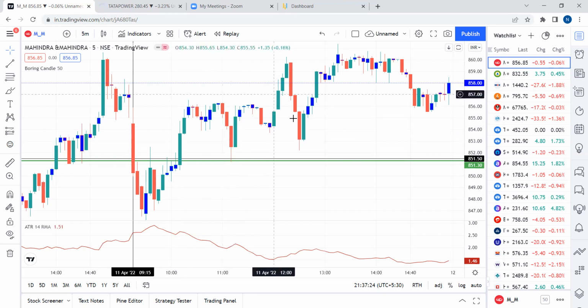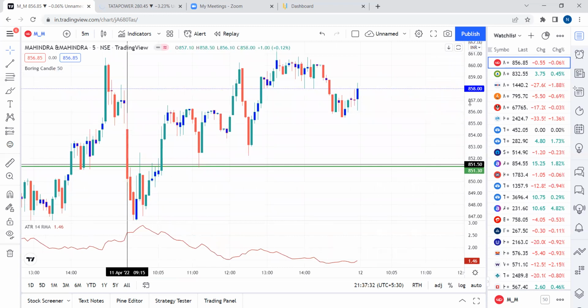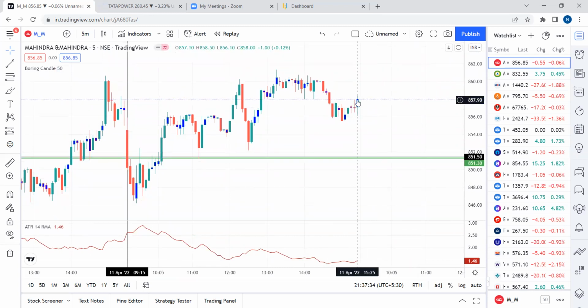If this was not there, then we could easily have taken it for tomorrow. Tomorrow there was this call in Mahindra and Mahindra. So what might have happened tomorrow? Wherever the market opens, it used to come here, take the entry and then give the target. That is the expectation and that is how it happens.